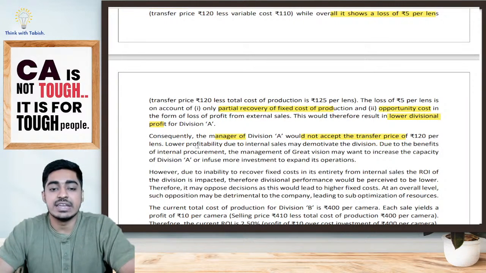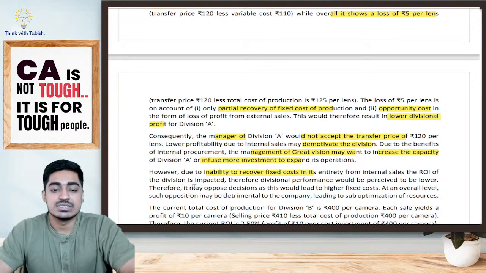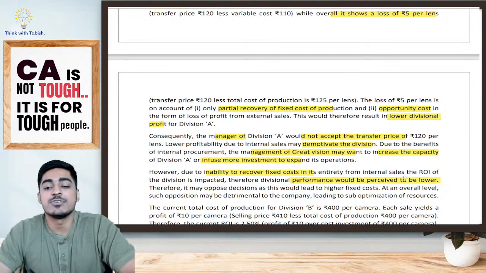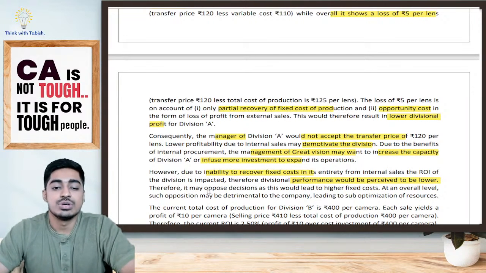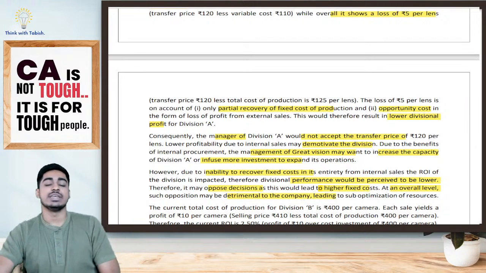It will again demotivate the employees. Management of the company wants to increase the capacity or infuse more investment, but due to inability to recover fixed cost, divisional performance will be impacted. So it will oppose the decision because it will lead to higher fixed cost. At an overall level, it will be detrimental to the company, leading to a suboptimal outcome.